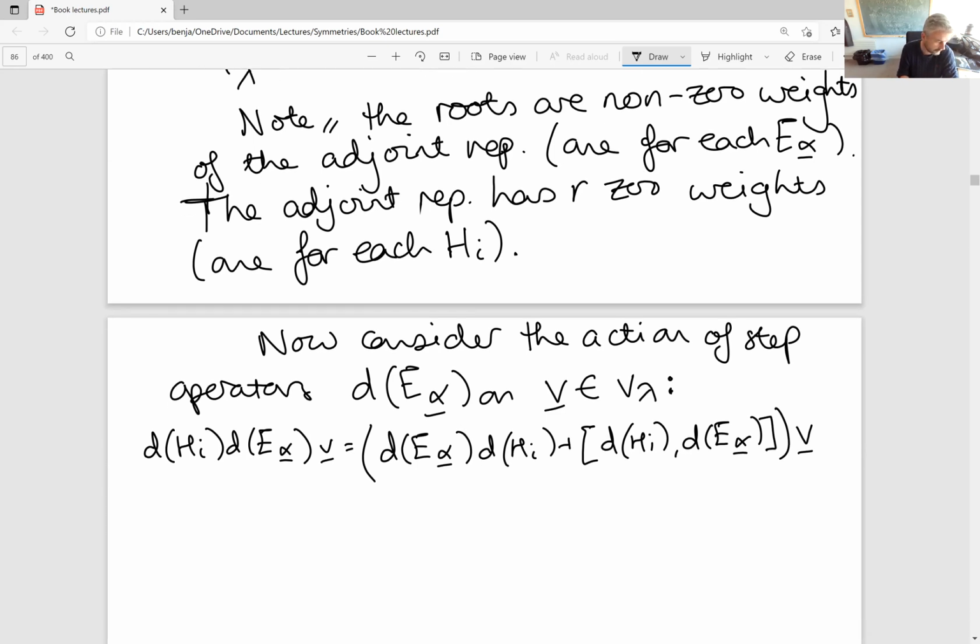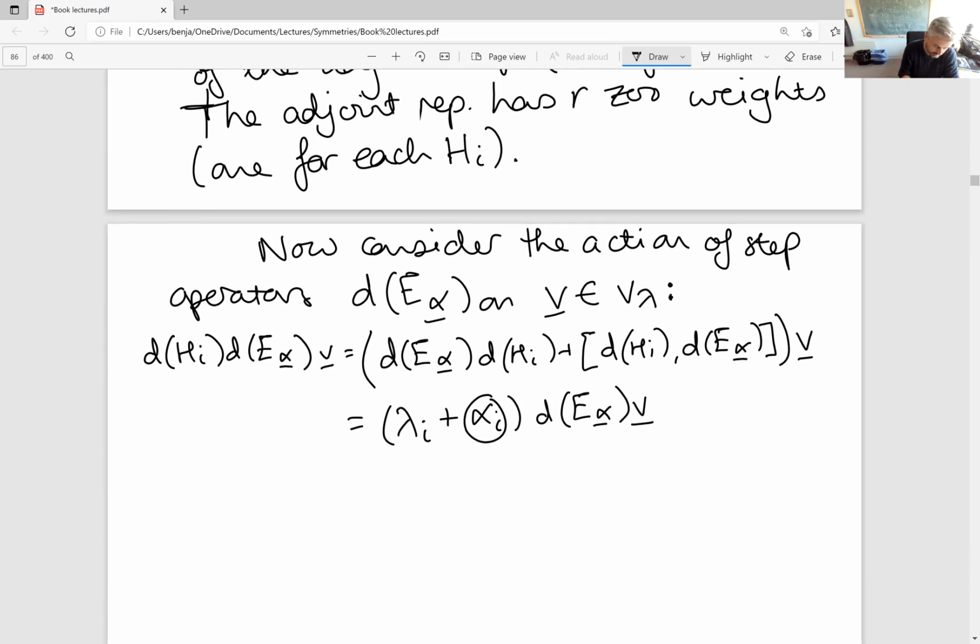Okay, so we know what this commutator is, because d of H_i acting on V gives us lambda_i back times V, and this thing gives us alpha_i times d(E_alpha). So this is (lambda_i plus alpha_i) d(E_alpha) V.